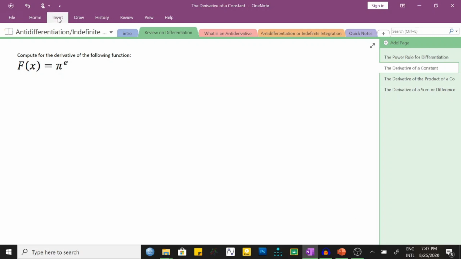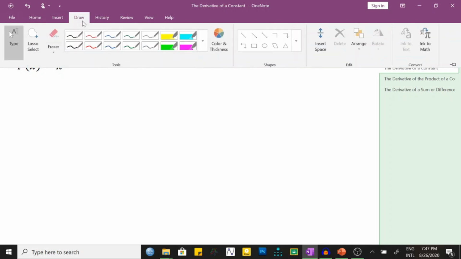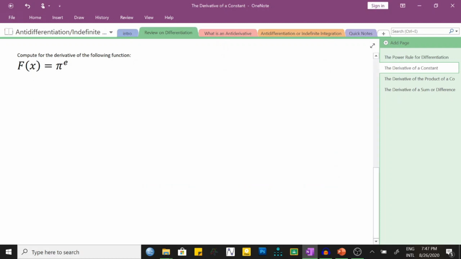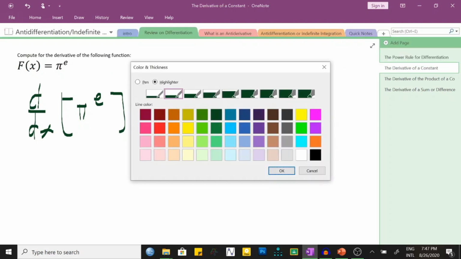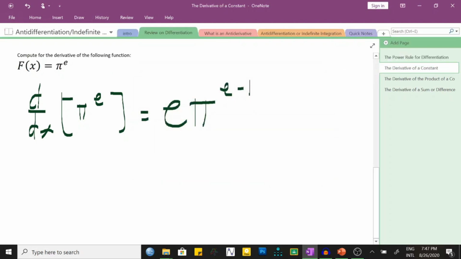If you're thinking this procedure, like you might write d/dx of pi raised to e is equal to, let me bring down e, make it as a coefficient of pi raised to e minus 1, then you are absolutely wrong.